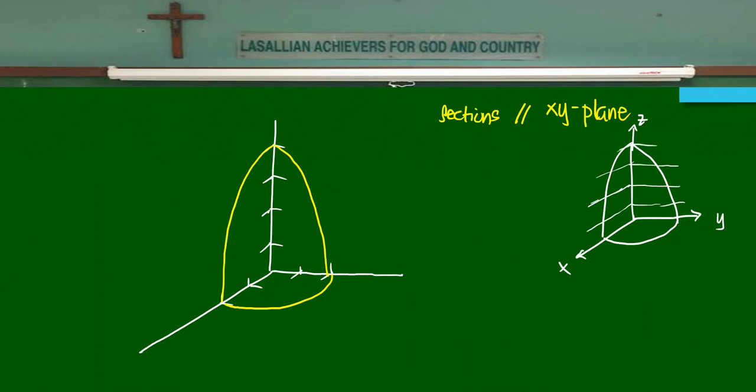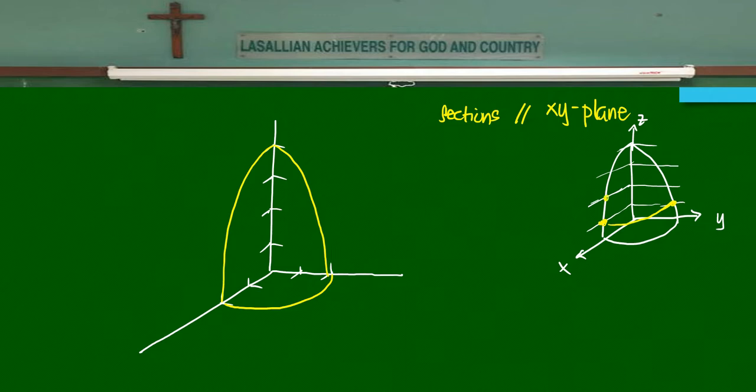If it's 1 unit for z, look at this. That crosses that point and this point. However, since I want to draw traces or sections parallel to the xy plane, let's look at the xy trace. The xy trace is a circle. So that means it should form a circle as well.